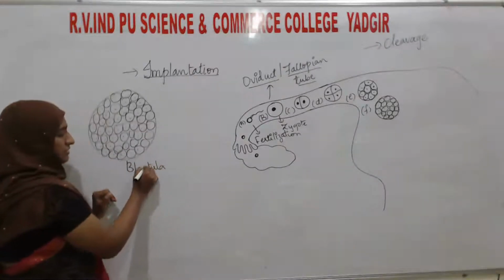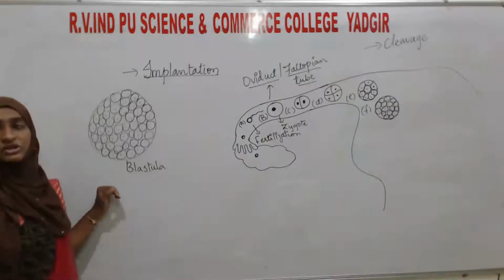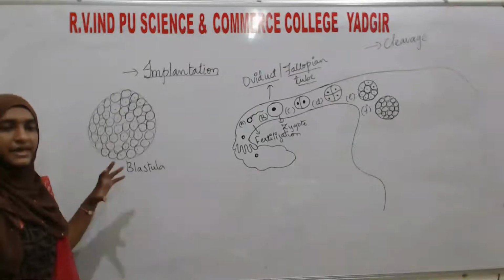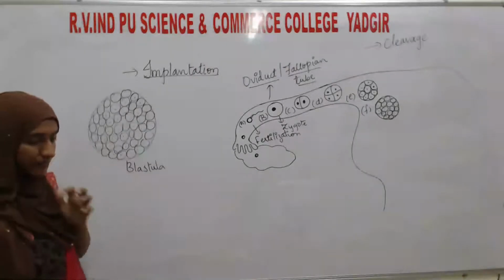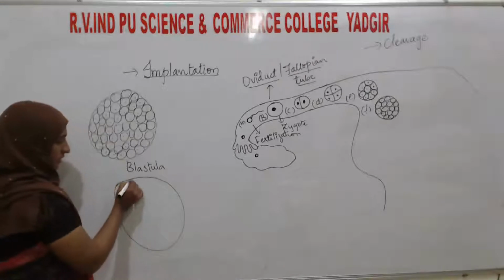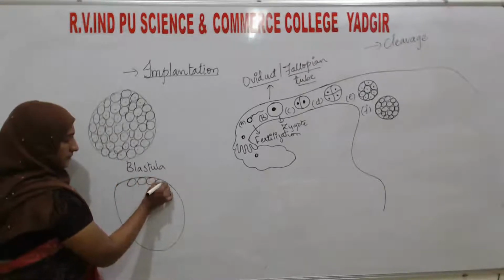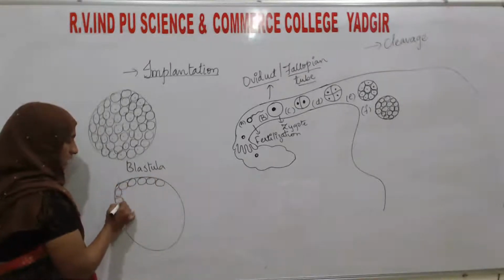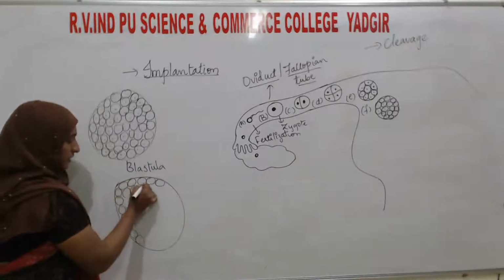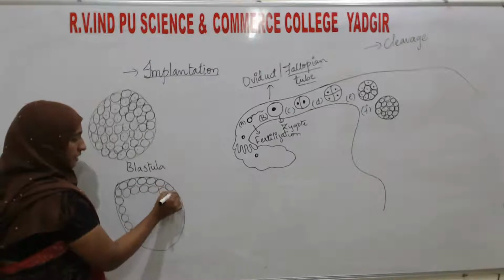So what happens here? A cavity is going to form. Within the blastula, a cavity is going to form. And see here how it will be. Some cells are going to arrange themselves in this blastula in this way.